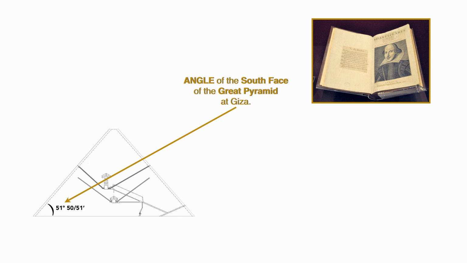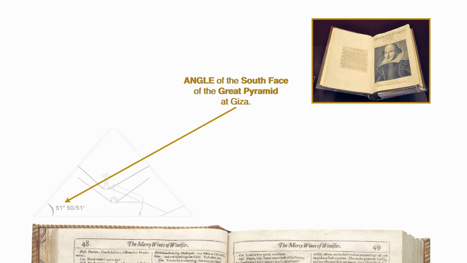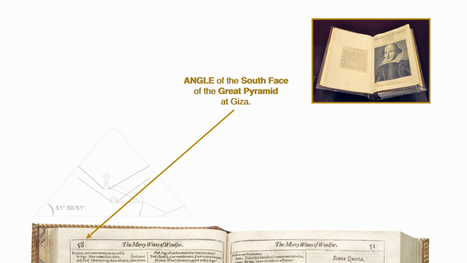So, for example, it's known that the side slope angle of the Great Pyramid is 51 degrees and just between 50 and 51 minutes. Now, the very first page number mistake in the first folio occurs here. It goes from page 48 to 49 to 58 to 51? Well, obviously it should be 50.